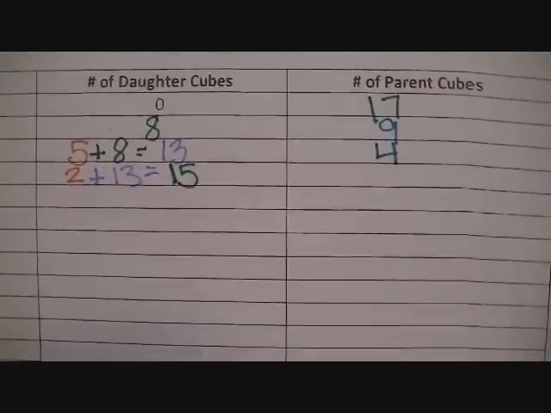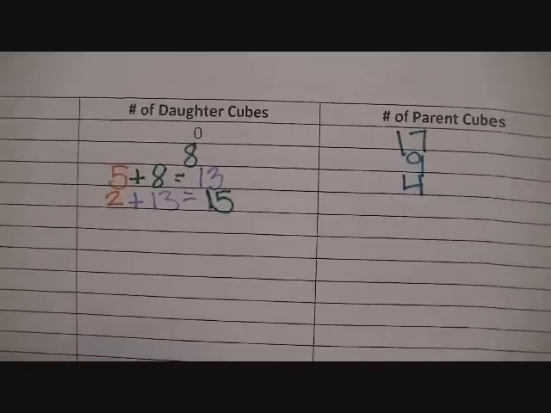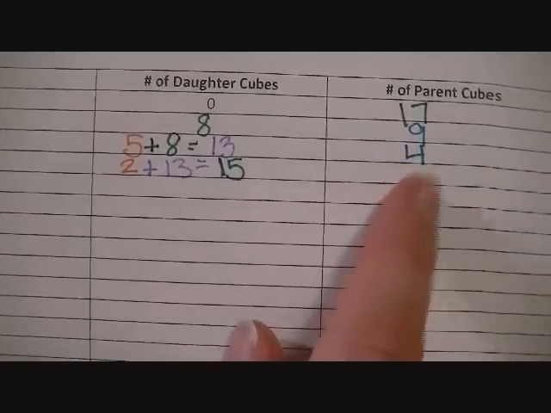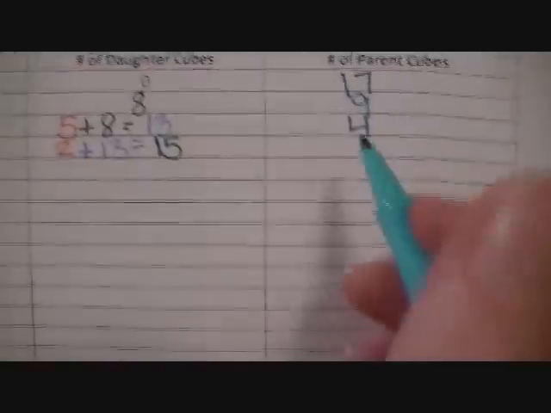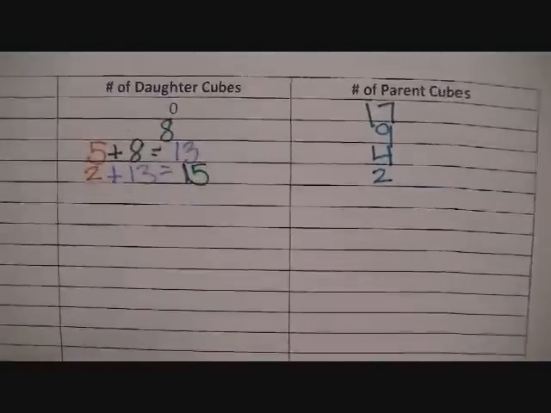So to get the parent number right here, we're going to go over to our bucket and count. So we have 1, 2. So we're going to write 2 right there.